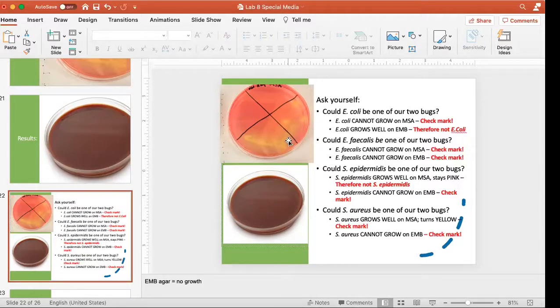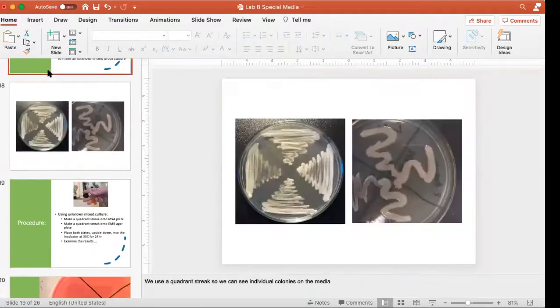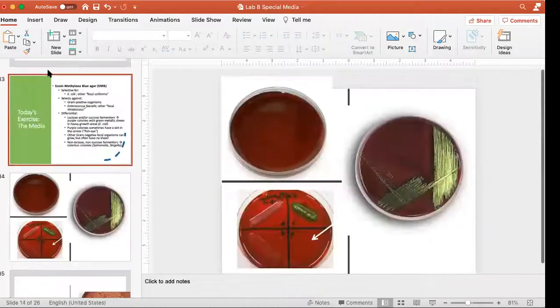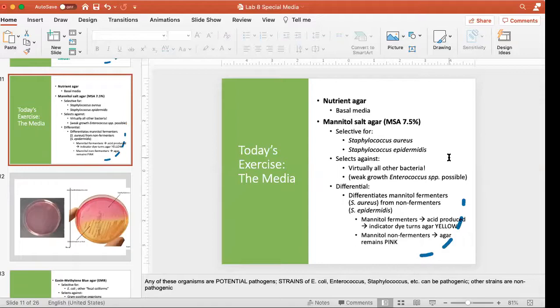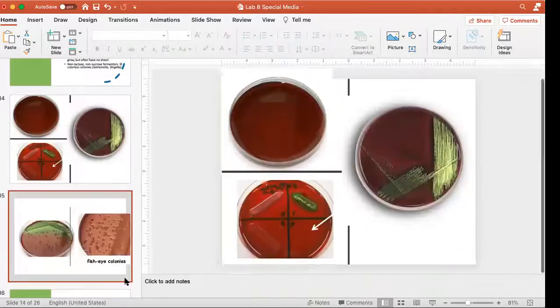According to the MSA, could it be E. coli? Well, E. coli could be the one that didn't grow. That's possible, right? Remember what MSA will grow. MSA selects for Staph aureus and Staph epidermidis, and it will prevent virtually all other bacteria from growing.